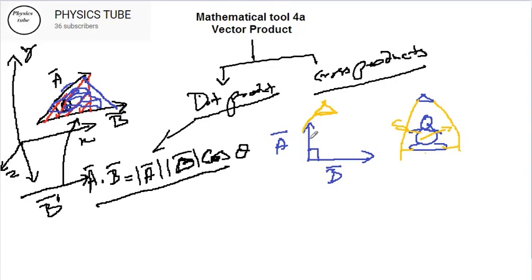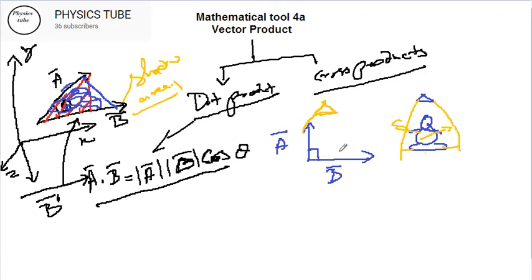We find the shadow area of one vector on another if light is cast from the top.